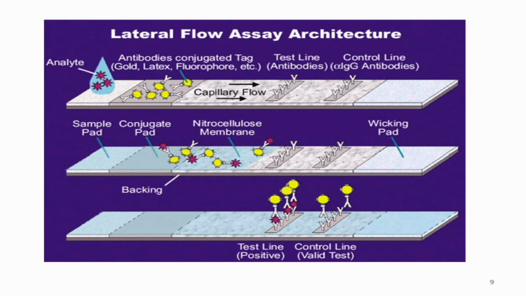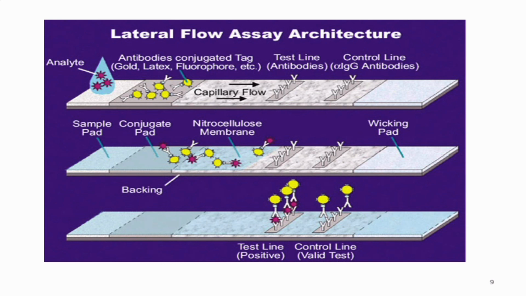And they're going to come over here, and they're going to bind to this antibody. This antibody is going to catch them now. And this antibody will now bind to this one. We've got our chemical. We're going to get this one to change colors. And so that's the positive control that says this whole flowing business and antibodies binding and chemicals changing worked. So we get this line that says the test worked. We get this line that says positive or negative.